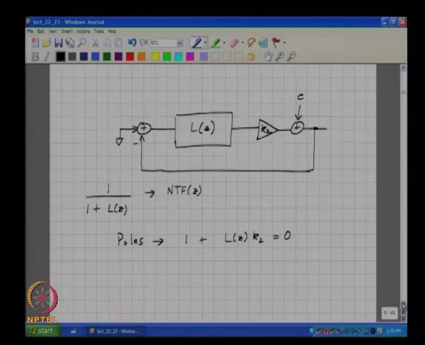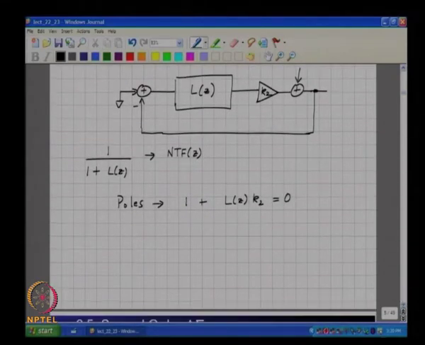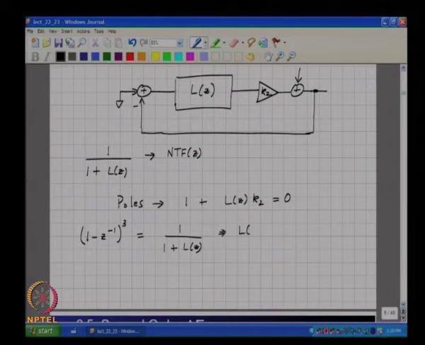So I did an experiment. I chose the NTF to be 1 minus Z inverse the whole cube, from which I found L of Z, which is 1 by 1 minus Z inverse the whole cube, minus 1.